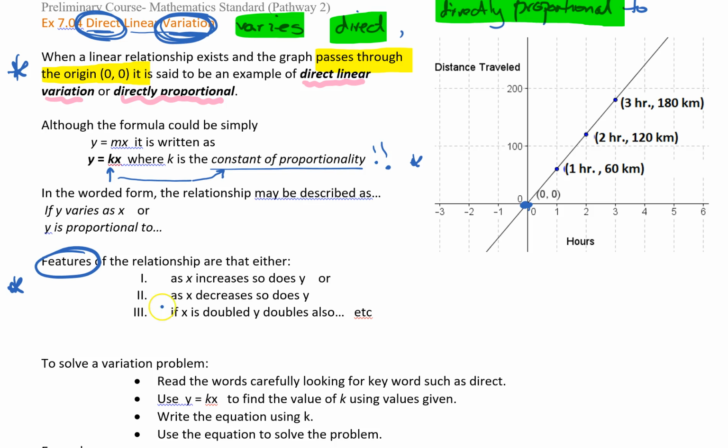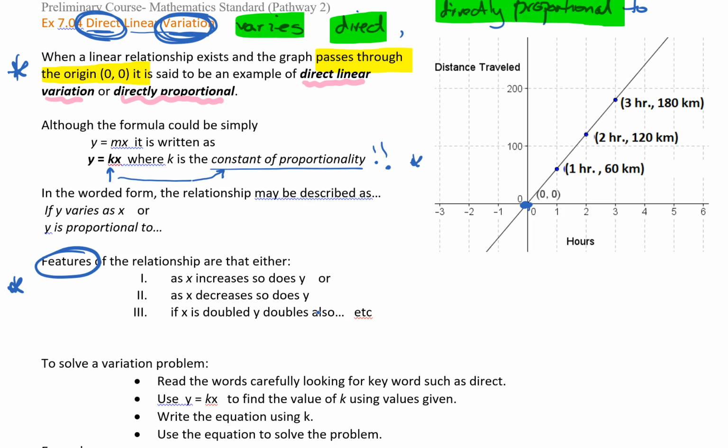You need to be aware that as the x value increases, so does the y, or if x is decreasing, so is y. If x is doubled, y is doubled. If x is multiplied by 3, y is multiplied by 3, and so on.